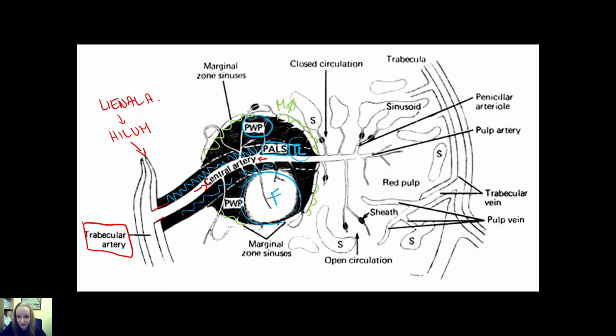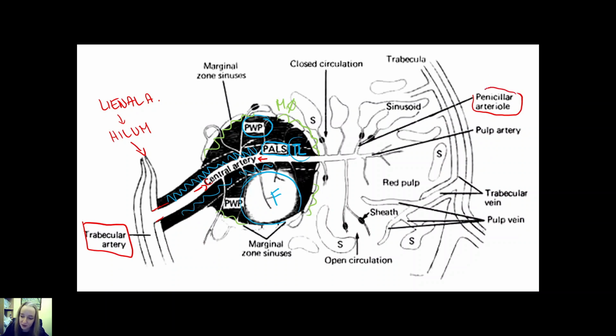Well, but let's go somewhere else from here. The central artery is branching and is creating some other arteries here, which are called penicillar arterioles. So it's branching into penicillar arterioles, which are very small.